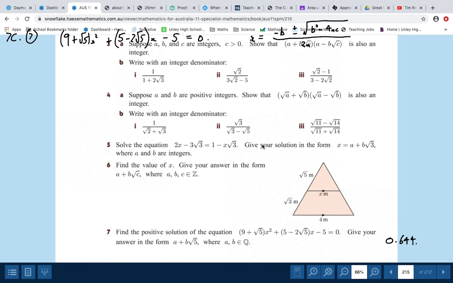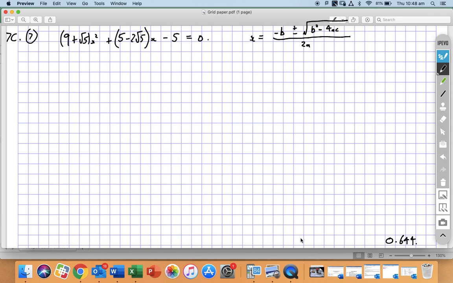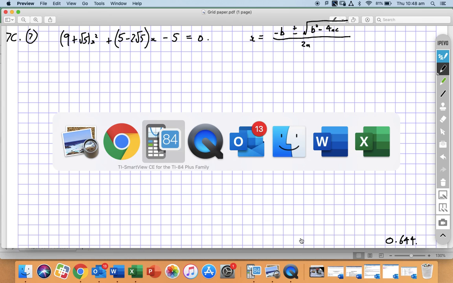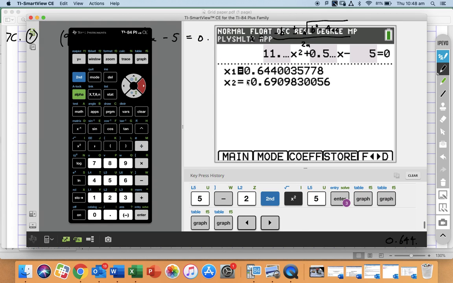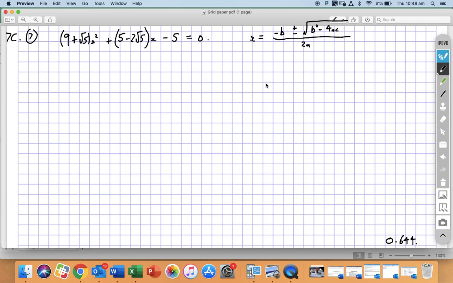Where is the question? Find the positive solution. We've just checked in the calculator and seen that there was a positive and a negative solution. There's the positive, there's the negative. Now, how are you going to get that positive solution? Well, from the plus here in the formula, right? So it'll be a minus b term plus, right, will be giving us. So I think I can right from the start ignore the plus minus and just use plus in that surd.